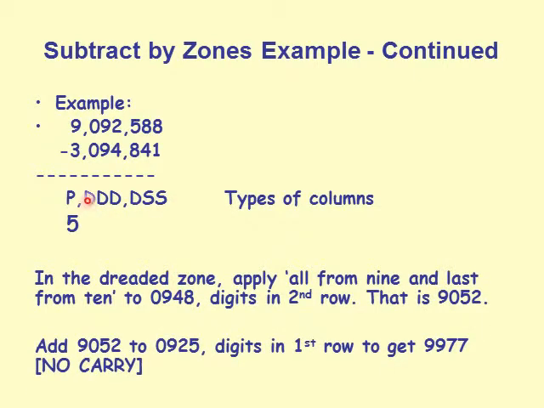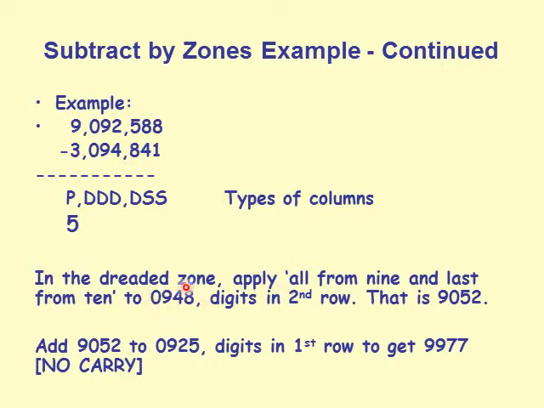In the dreaded zone, which is 4 digits, 0, 9, 4, 8 in the second row and 0, 9, 2, 5 in the first row, we apply all from 9 and last from 10 to these digits in the second row, which are the challenging team.